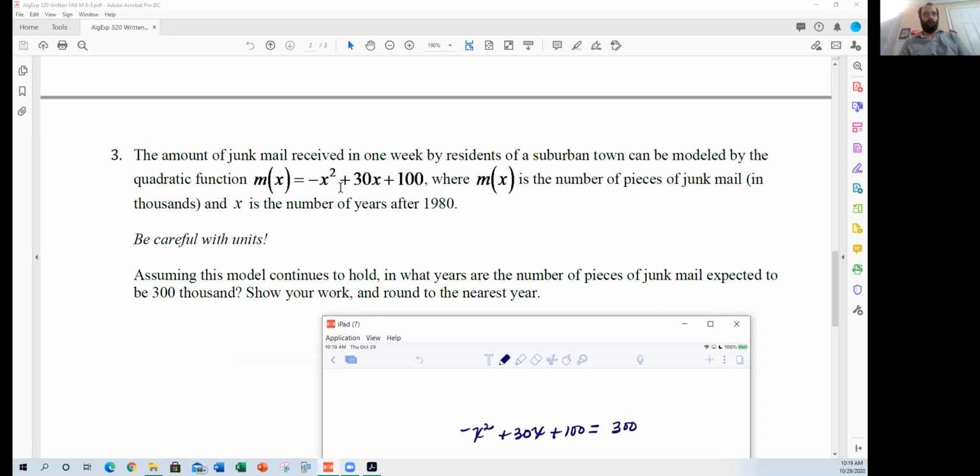You don't put the thousands on there because the units are already in thousands. And then you're going to subtract 300 from both sides, and that will give you the quadratic function that you're wanting to solve.